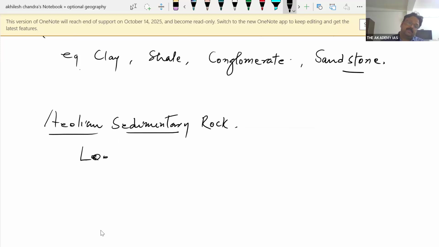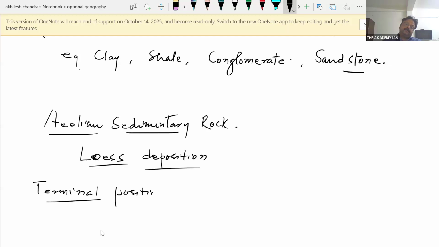Isn't it, children? Here loess deposition is happening, and due to loess deposition there is a rock, and you will find this at the terminal positions of the deserts.